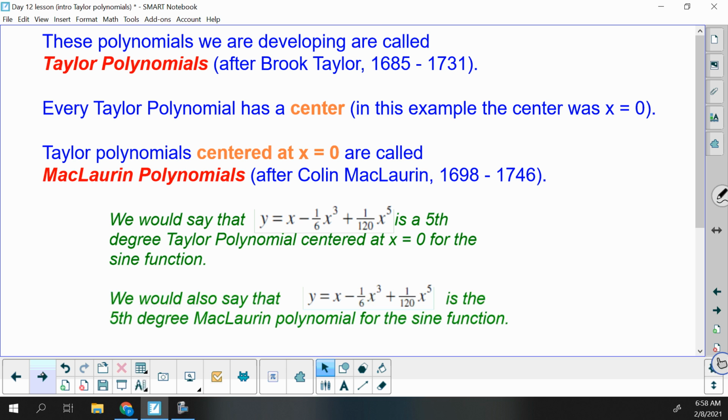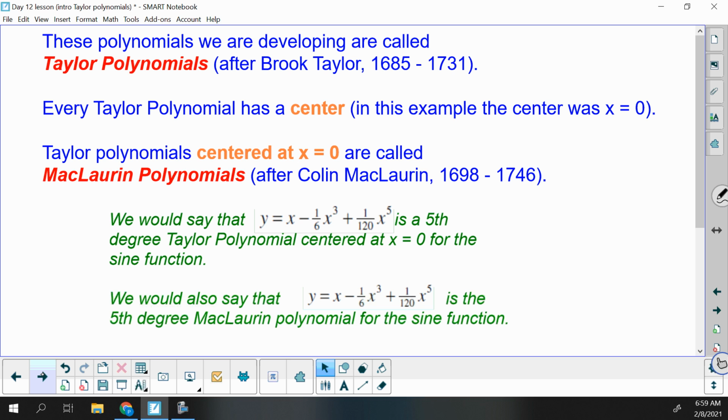That polynomial that we have below there, we would say that is a 5th degree Taylor polynomial centered at x equals 0. Or because it's centered at 0, we could also say it's a fifth degree Maclaurin polynomial. So by knowing that a Maclaurin is centered at 0, it just reduces the amount of information that we have to write about it.